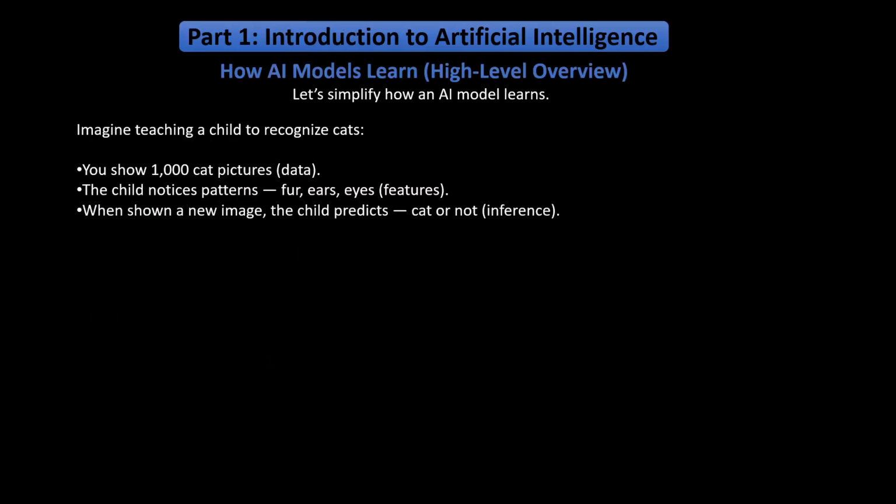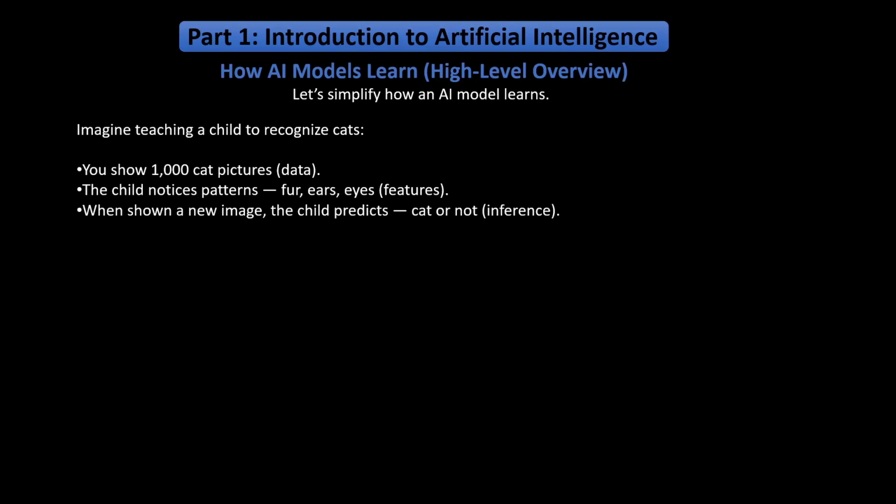So next, this is very important: how AI models learn. But before understanding how an AI model learns and works, let me give you an example. Imagine you are going to teach a child to recognize cats in images. So what will you do? You will collect 1000 or maybe 2000 or maybe 100 cat images, and this will be your data. You will show all these images to the child so that the child learns from them.